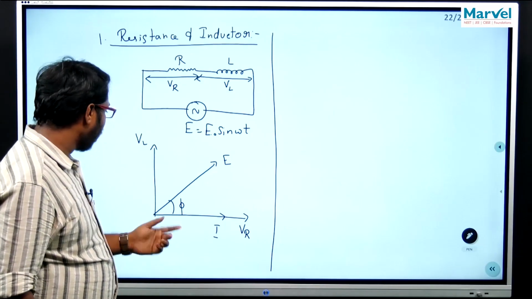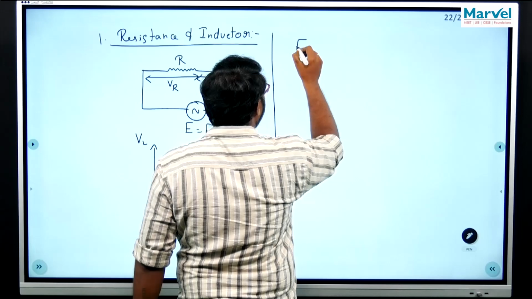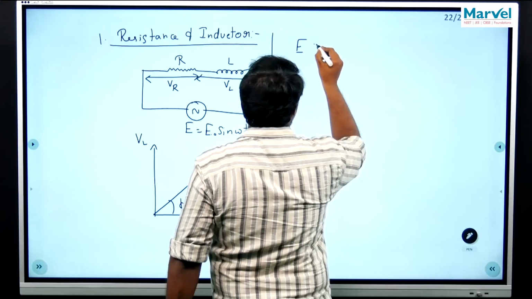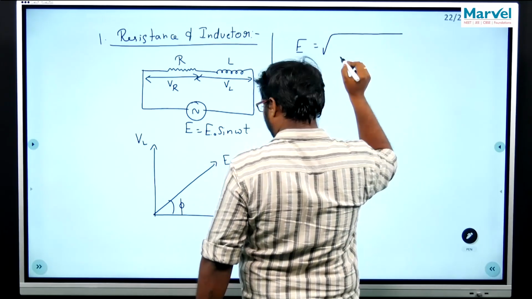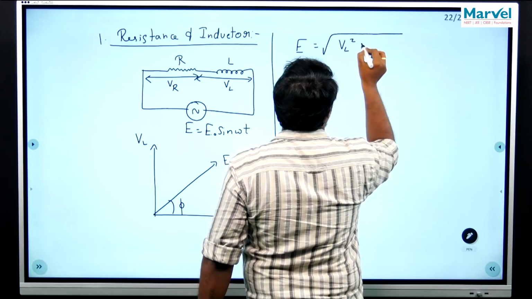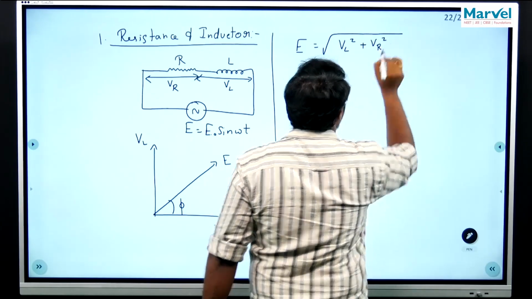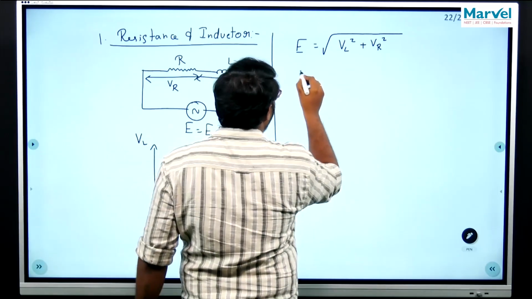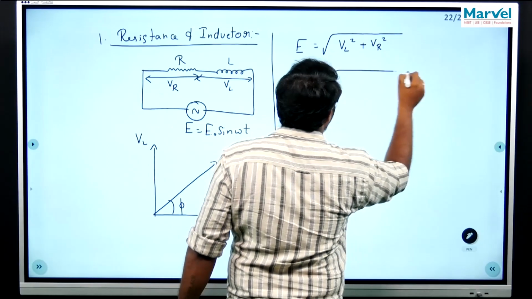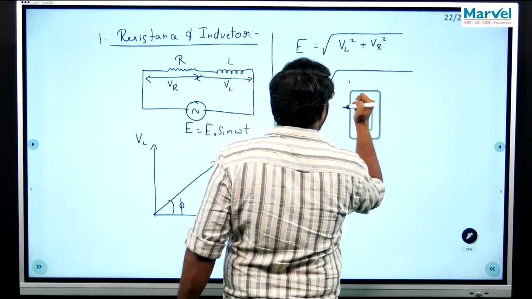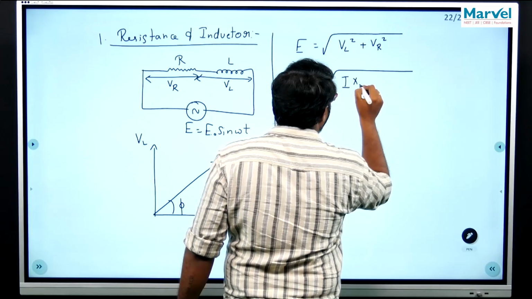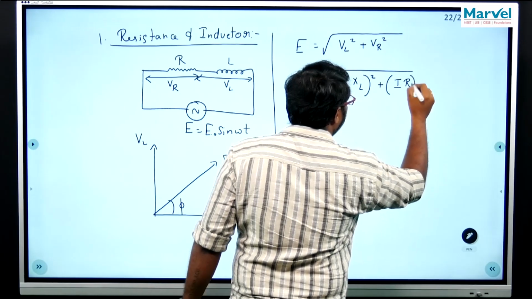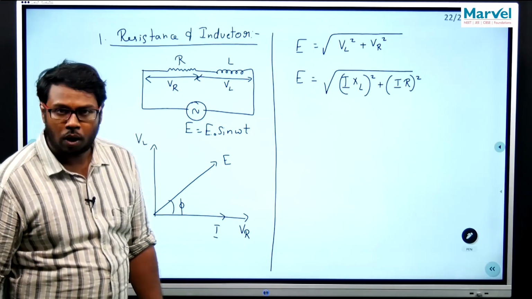Now listen, what I am going to do is find my E. E is nothing but the resultant of VL and VR, where E is equal to root of VL square plus VR square, which is root of I XL the whole square plus I R the whole square.